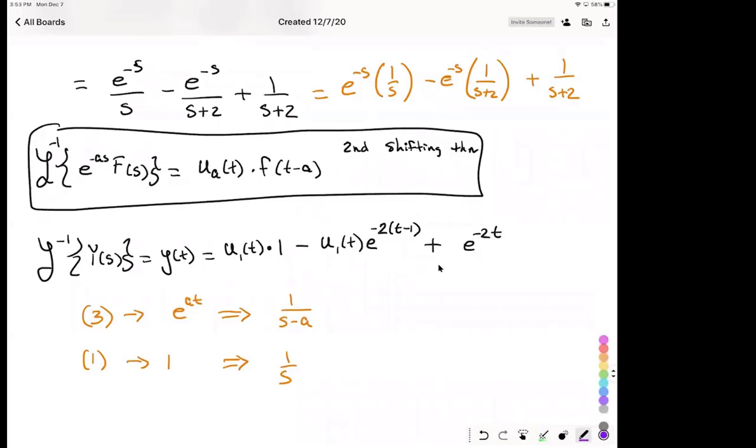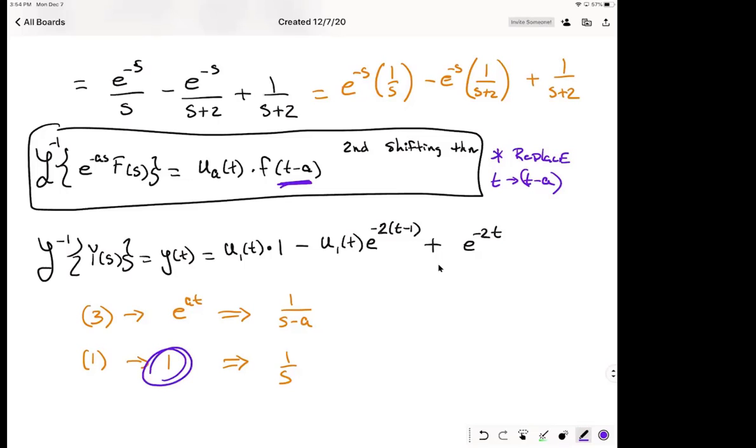Now, what we need to do is replace our t's with t minus a's. That's what the shifting theorem was telling us we need to do. We're replacing our t's with t minus a. But in the case of 1 over s, there's no t, right?